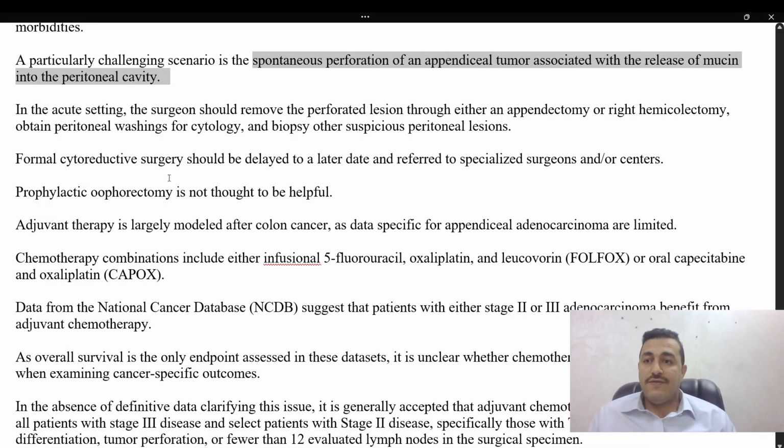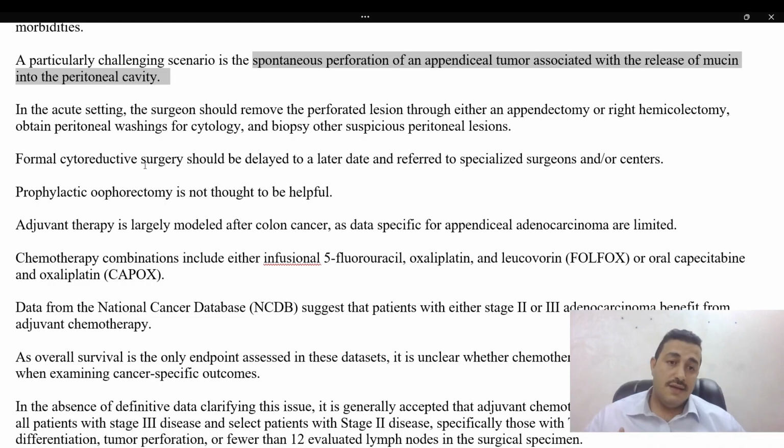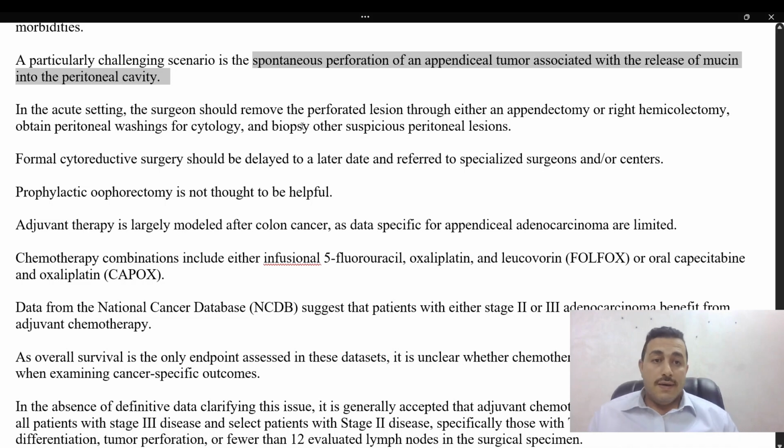We said we have to do four things: appendectomy, wide local excision of the mesoappendix, biopsy of any suspicious lymph node, and washing for cytology. That's enough. Cytoreductive surgery is delayed, it is a second procedure.